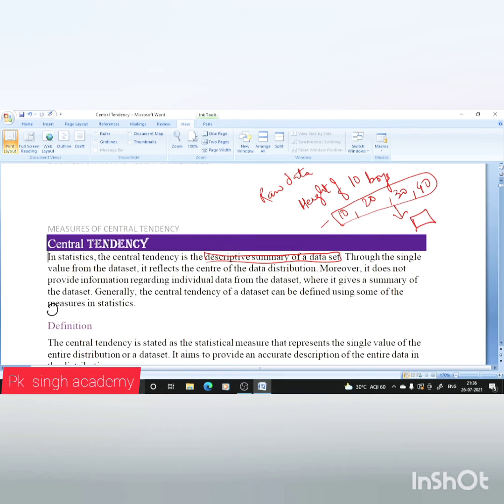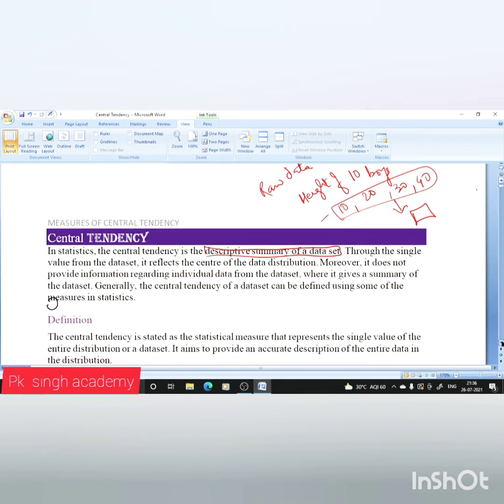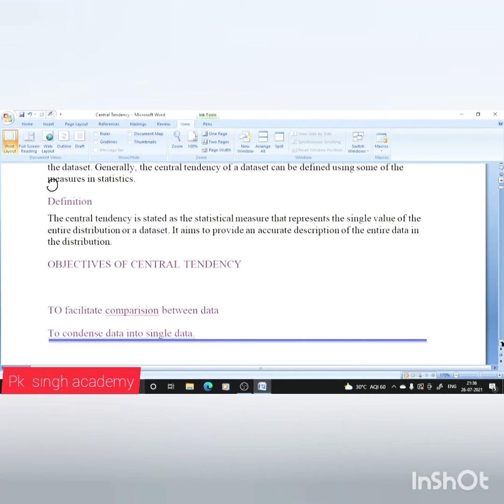Now we will see the objectives of central tendency. The first objective is comparison between the data. As I've told you, this is an individual series like 10, 20, 30, 40. If we bring out the result, what is the mean for this? 10, 30, 90, and 130, that is 130 by 5.